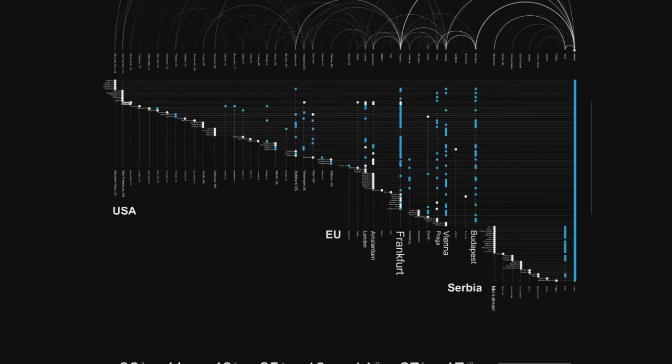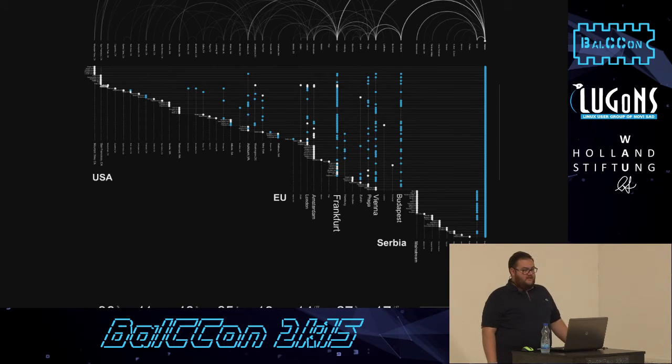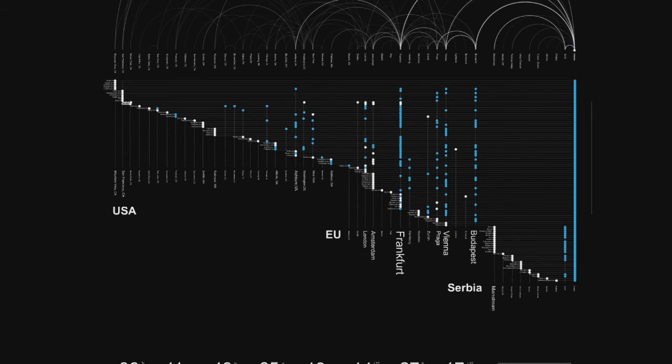So at these points, these governments, the Hungarian, Austrian, and the German government, can easily see what interests Serbian people have because they have all the data that are retained in their points. What we can see is that most of our data passes through the EU and ends up in the US.